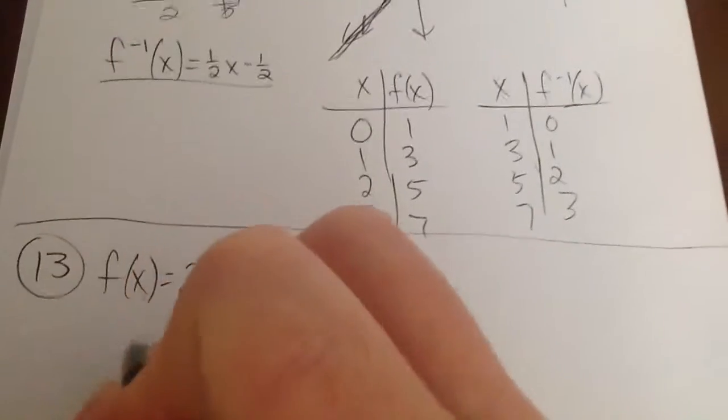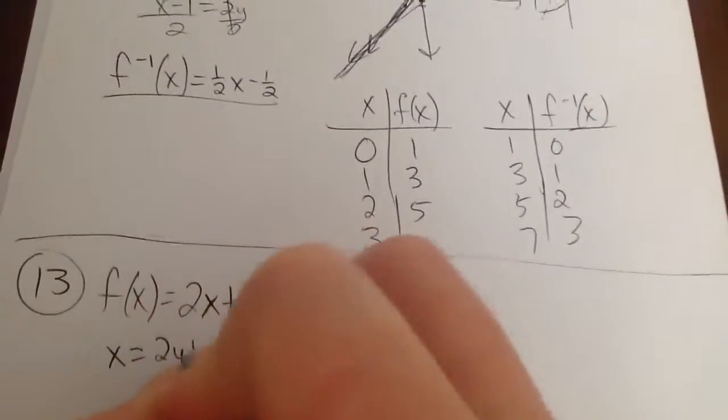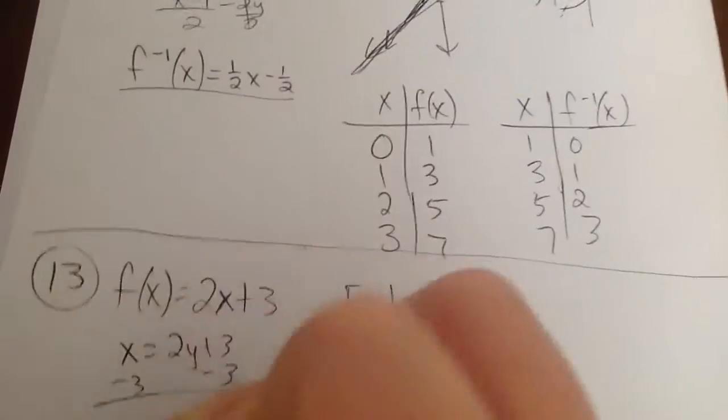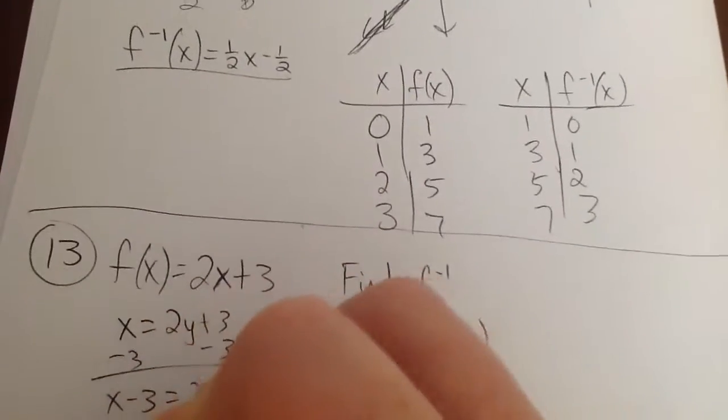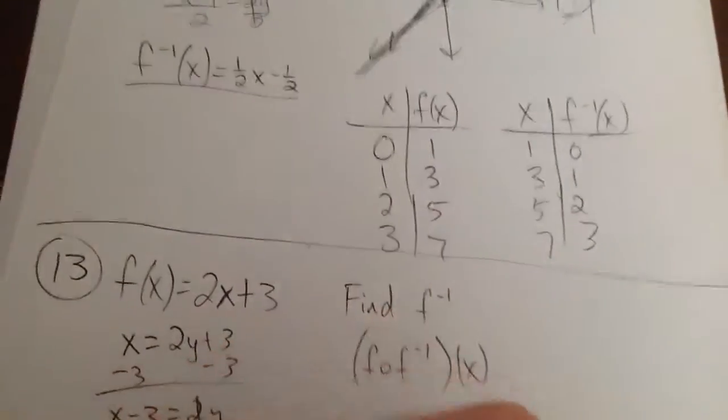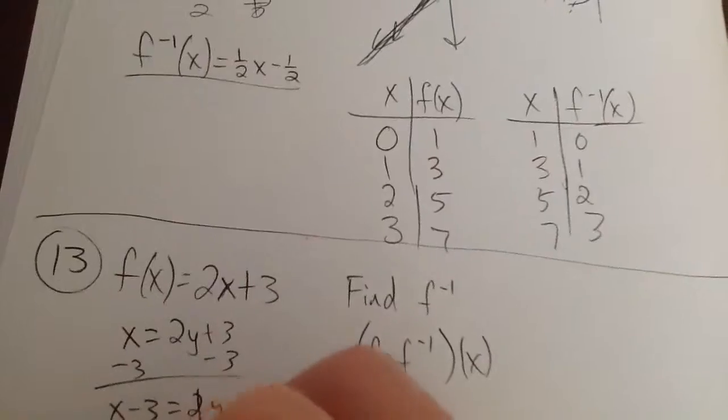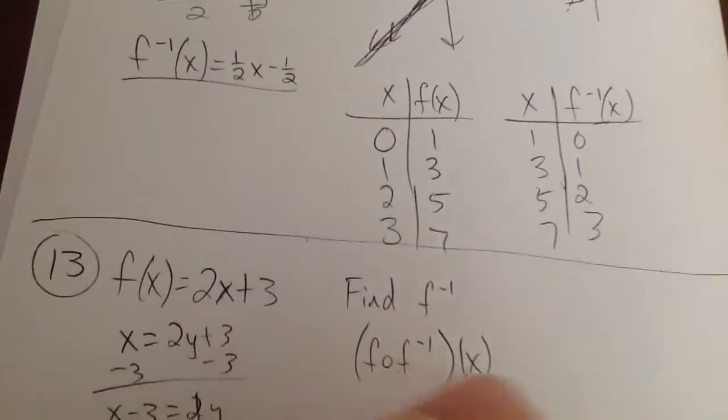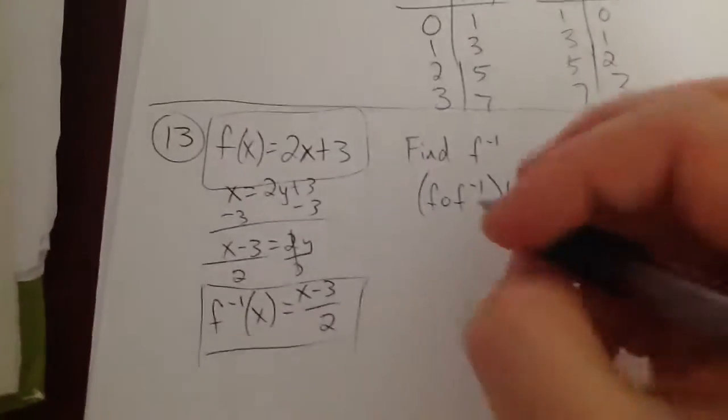So first let's find the inverse. So we'll switch x and y. So solve for y. So I get the inverse is, and I'm just going to leave it right now since I'm not graphing, x minus 3 over 2.